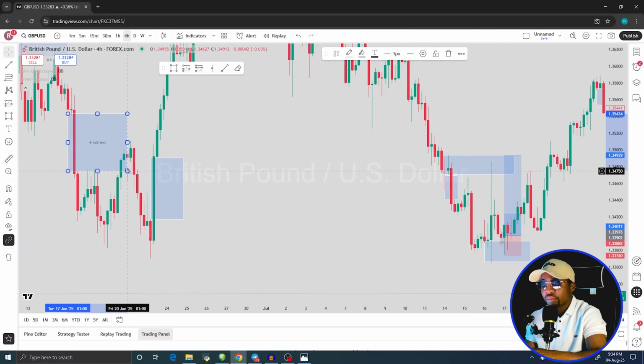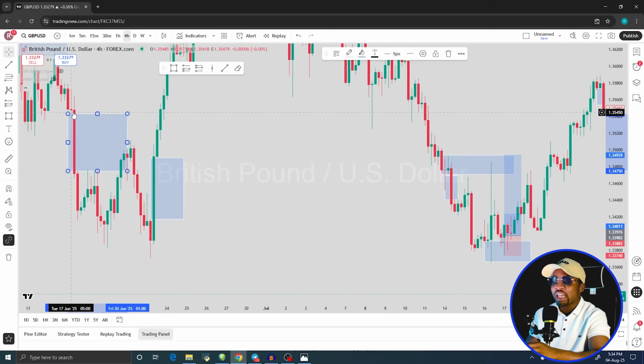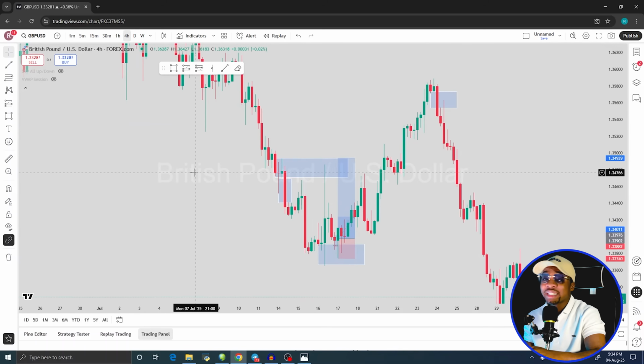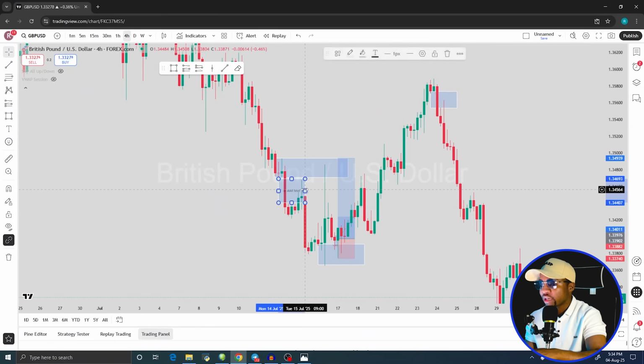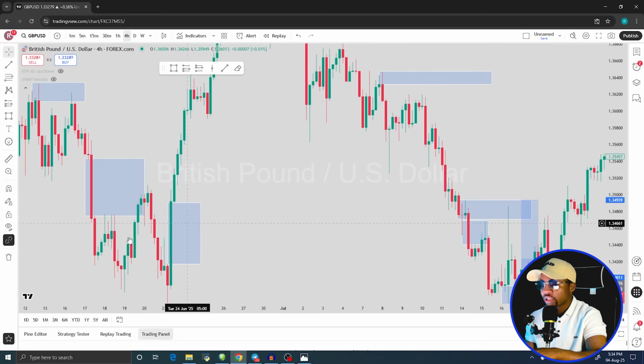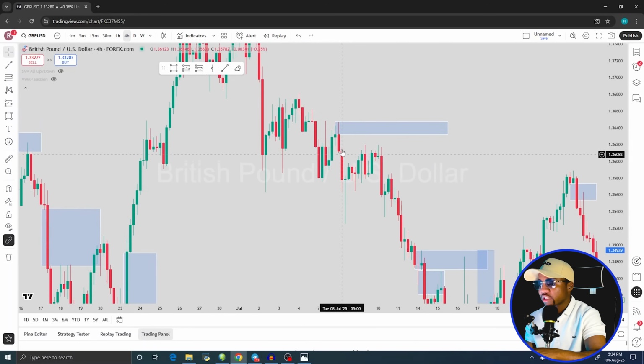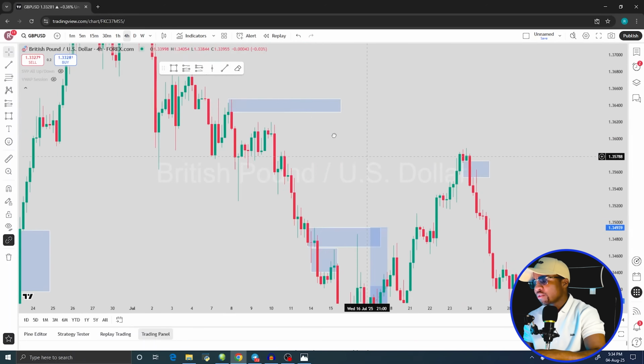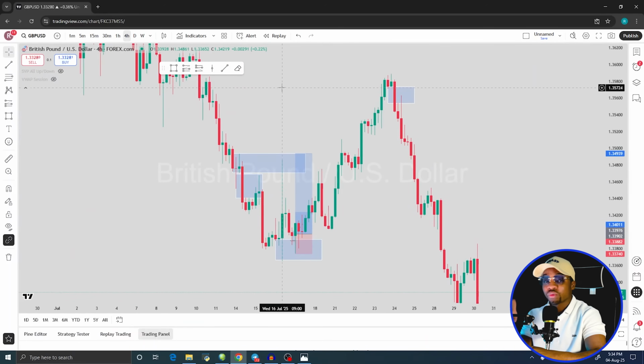And most of the time, when you look at the footprint chart, you can see imbalances inside such candlesticks or inside such spaces. That's why price reacts from there. Sometimes, as you can see here, price reacts from such zones. So anyways, let's get into the examples.